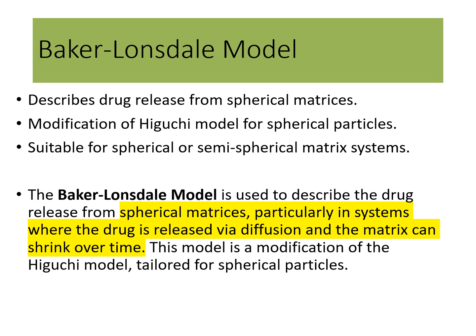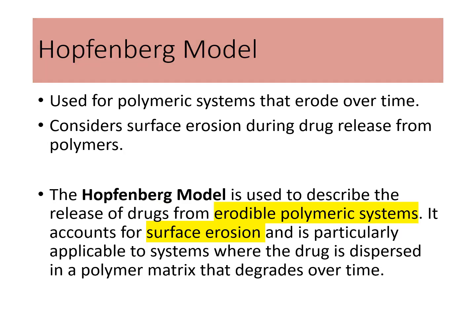The Baker-Lonsdale model is used to describe drug release from spherical matrices, particularly systems where the drug is released via diffusion and the matrix can shrink over time. So this is the Baker-Lonsdale model, mainly for spherical particles.